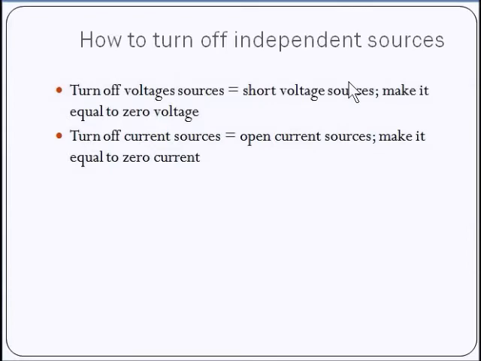Okay, how do we turn off the independent sources? If you want to turn off a voltage source, you make its voltage equal to 0, so you make it a short circuit. If you want to turn off a current source, you make it an open circuit.